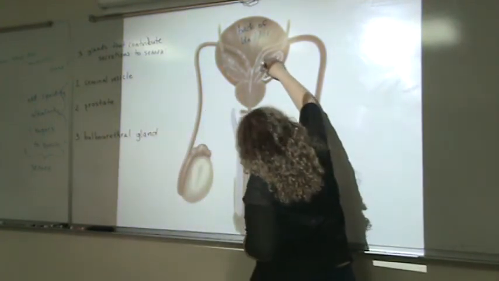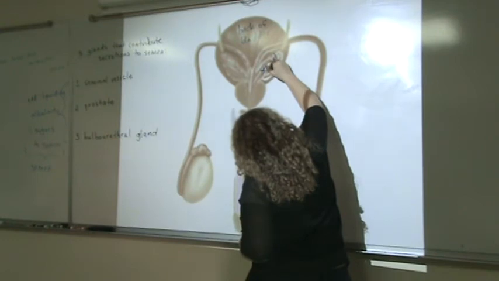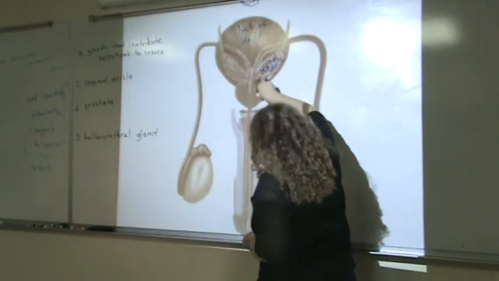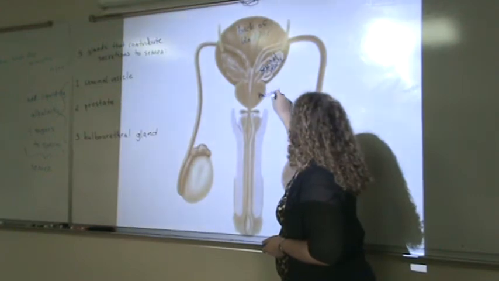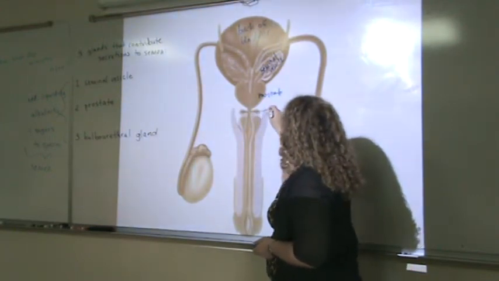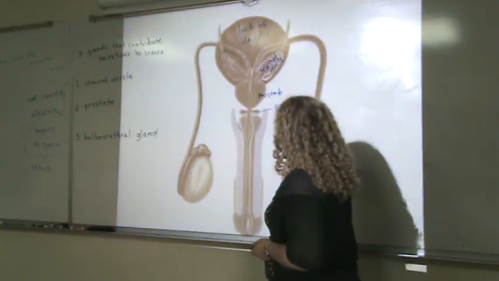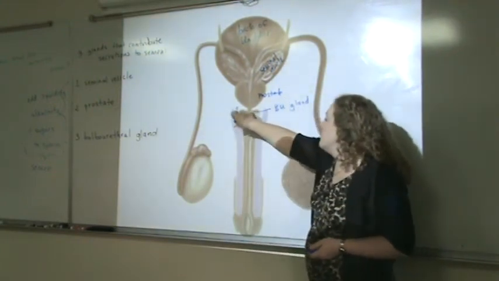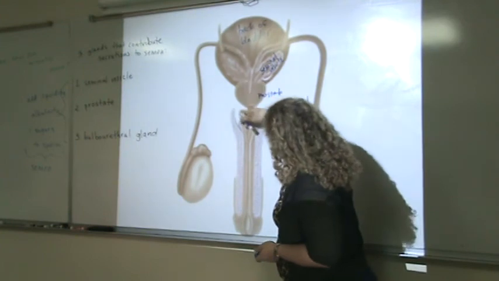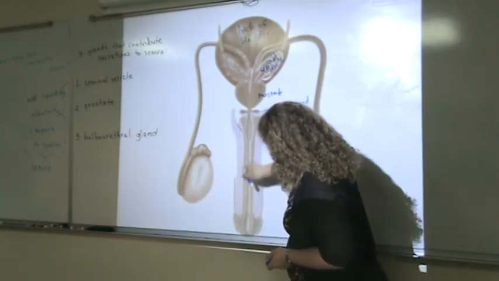Okay, here's the seminal vesicle. You've got two of them. You have one prostate. There's your bulbo-urethral gland, one of it. There should be two. Here's the urethra.